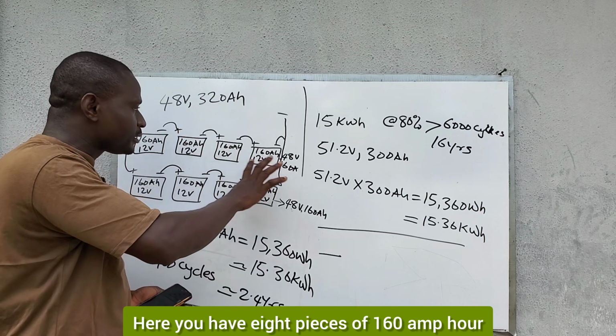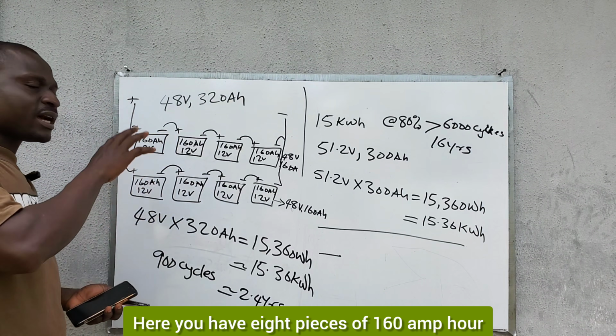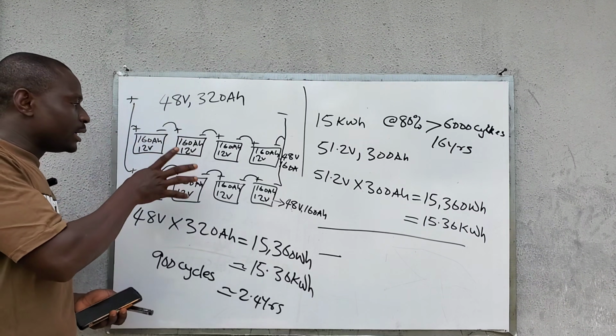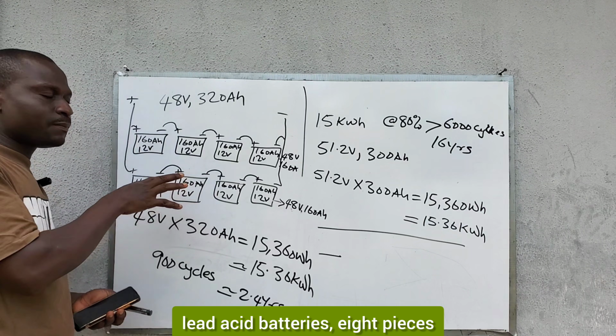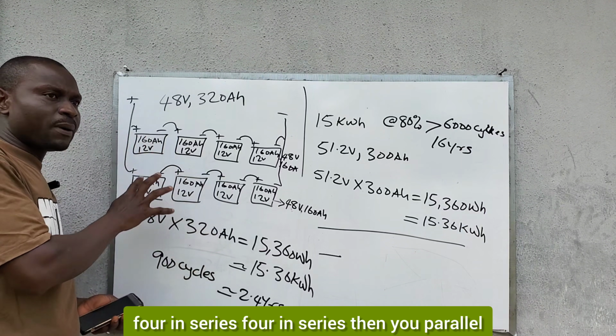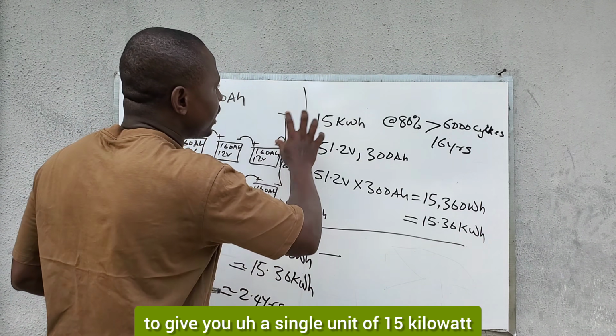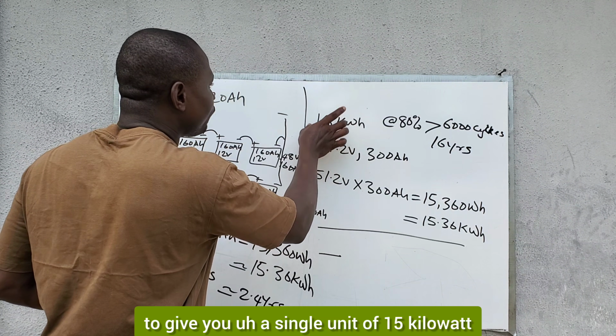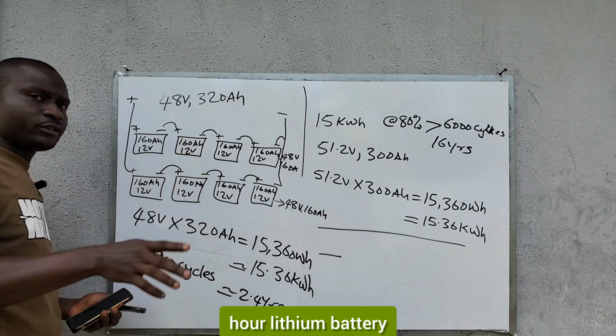Here you have 8 pieces of 160 amp hour lead acid batteries, 4 in series, then you parallel them to give you a single unit equivalent to a 15 kilowatt hour lithium battery.